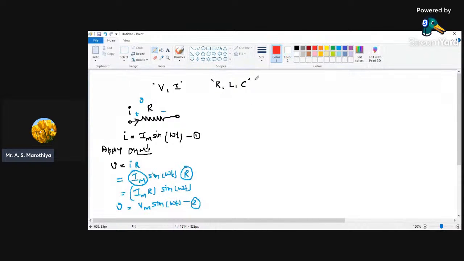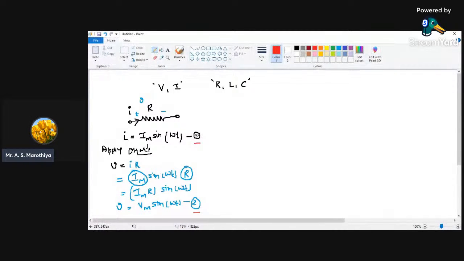Now from equation 1 and equation 2, let us find out which quantity is going to lead and which is going to lag. Equation 1 is the instantaneous value of current flowing through the resistor, i equals I max sine of omega t. And equation 2 indicates the instantaneous value of voltage appearing across this resistor R, and it is V max sine of omega t.